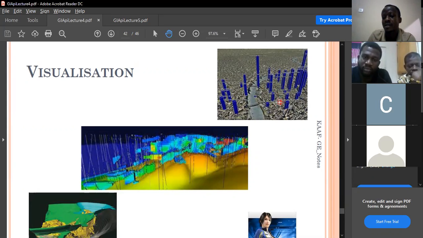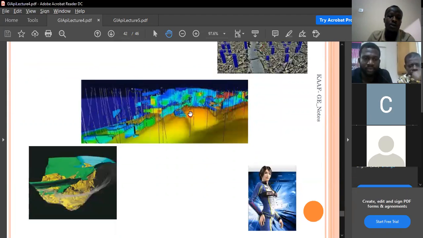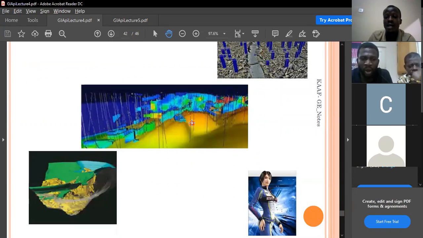Now you can see that we've overlaid the 3D extrusions on a map, some kind of satellite imagery, and this makes a better presentation.